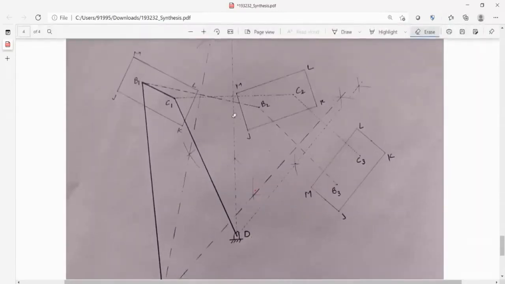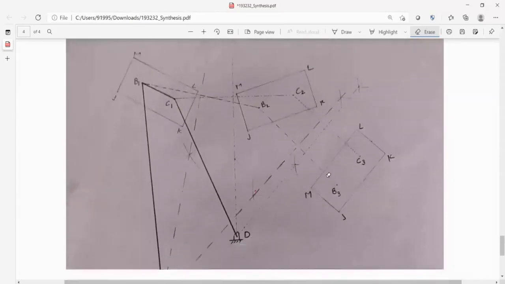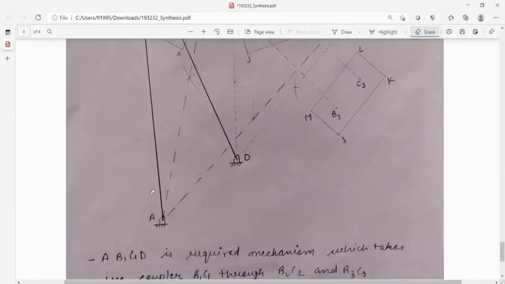Now we will take two arbitrary points on the rigid body. I have taken B1, C1. Corresponding to these points, there will be 2 points on the second and third positions of the rigid body. That will be B2, C2 and B3, C3. Now we are going to find the pivot points for this.